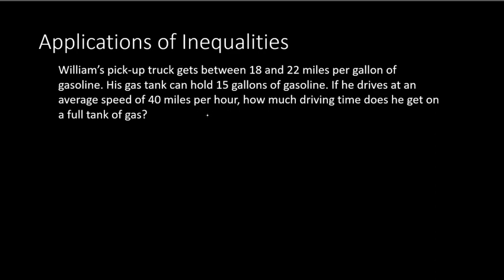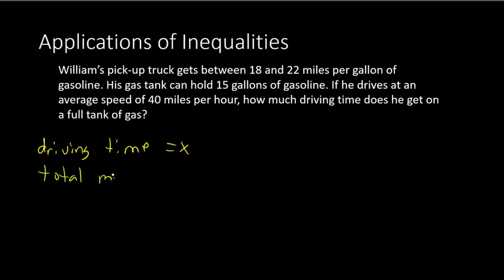So to begin with, we can establish our variable. The question is, how much driving time does he get on a full tank of gas? So we can let driving time equal x. That is your unknown.